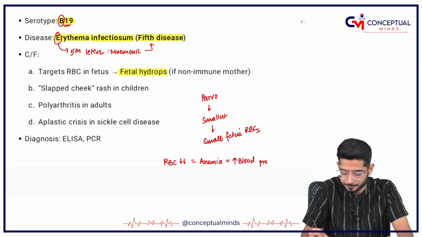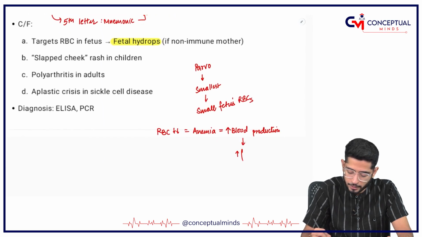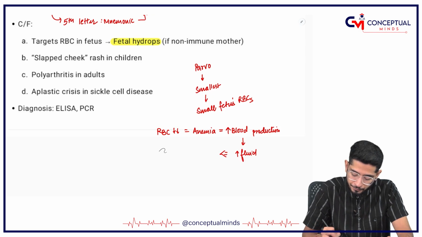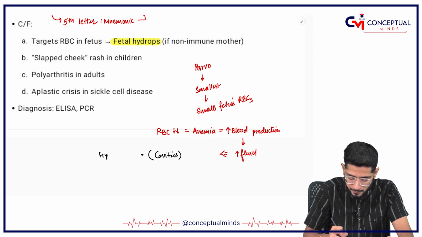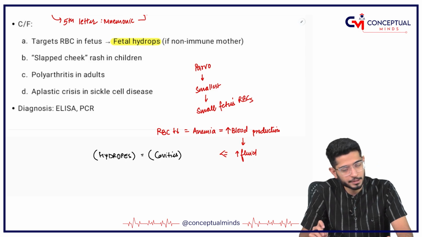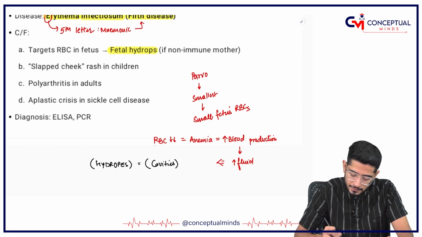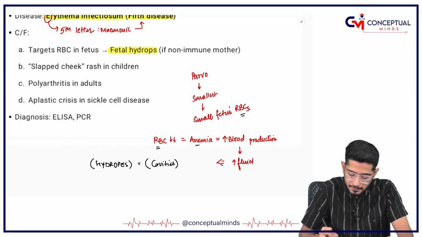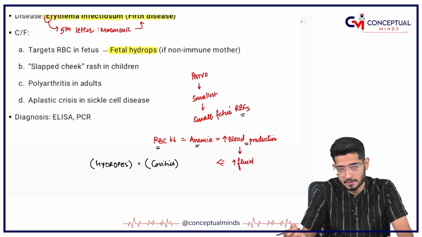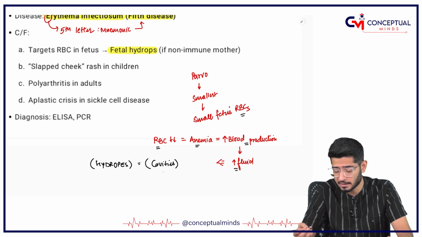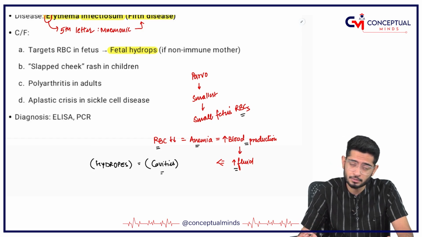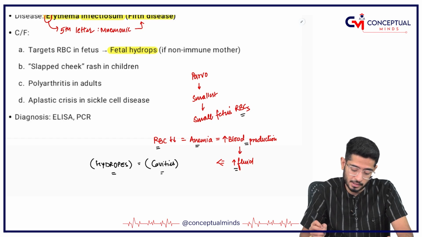So the more the blood, the more the fluid, and this fluid starts accumulating in the cavities, which is called hydrops. So when the small fetus's RBCs are killed, that leads to anemia, which further causes increased blood production, which further increases the fluid. That fluid gets accumulated in the cavities, and that is called hydrops.